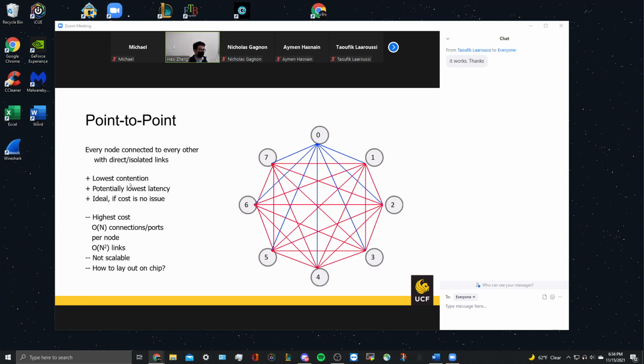We have the lowest contention and potentially the lowest latency, because there's a dedicated connection between any pair of nodes. We won't have any contention issues because we have sufficient resources. To analyze this one, as mentioned, what would be the diameter? 1, right? So the worst case for this type of topology is 1. How about the bisection bandwidth? Let's do it again.